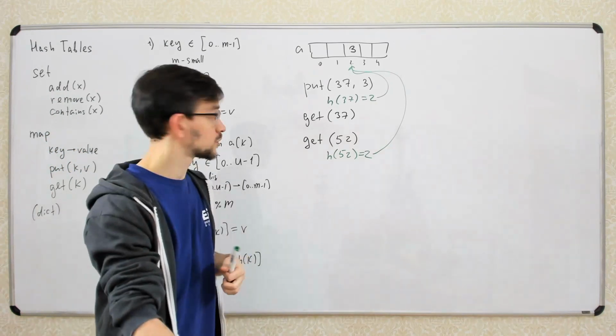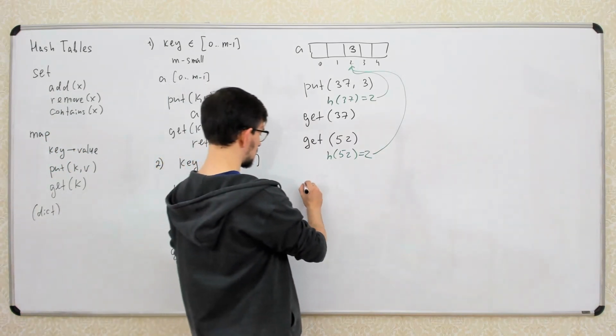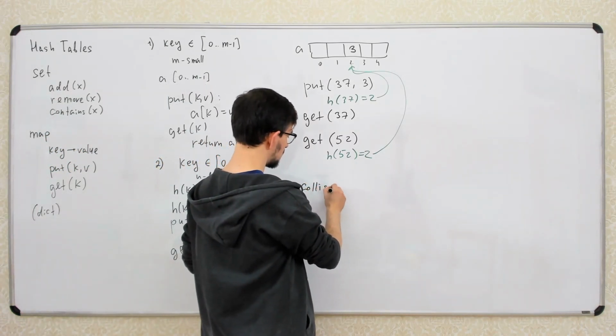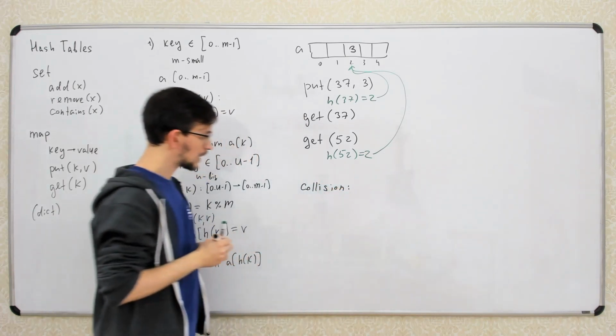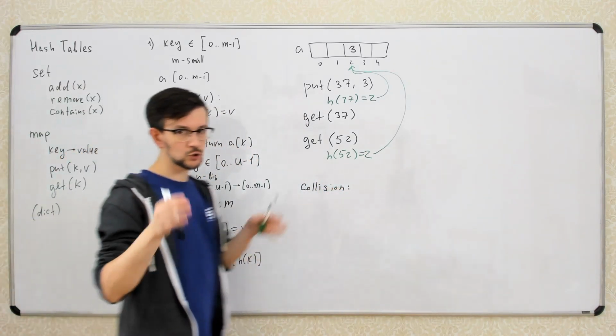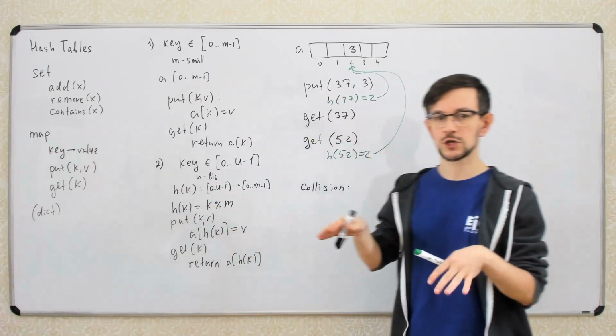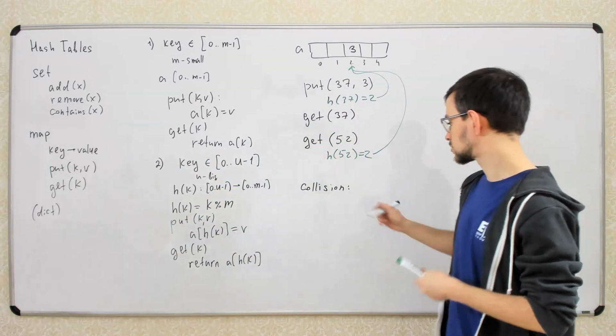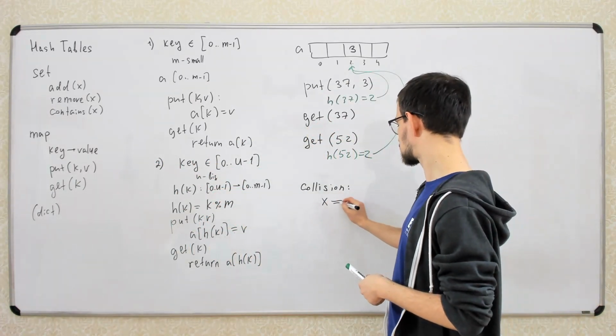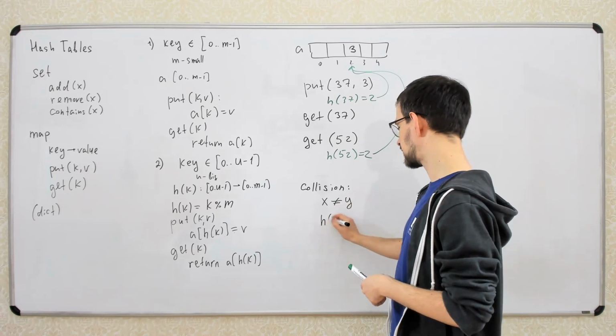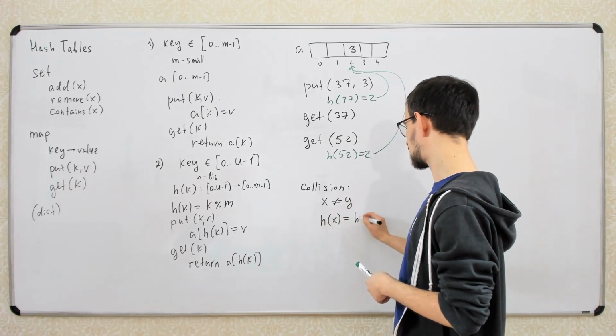That's called a collision. Collision is a situation when you have two different objects which have the same hash function. So objects x not equal to y, but they have the same hash function.